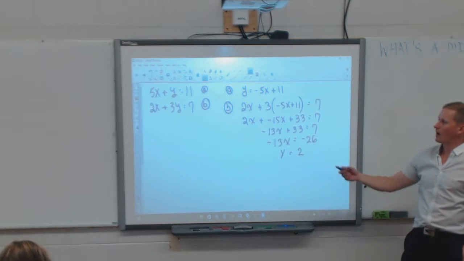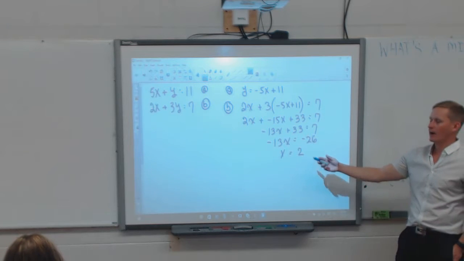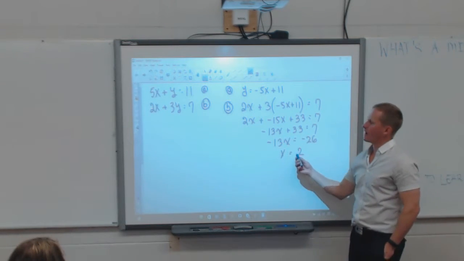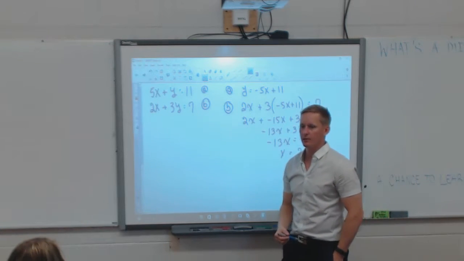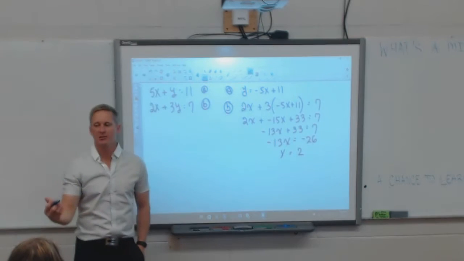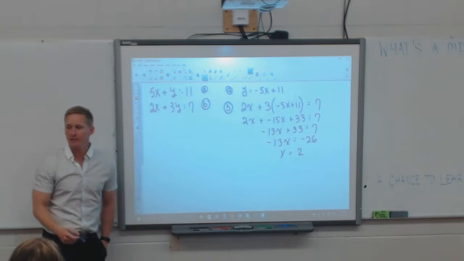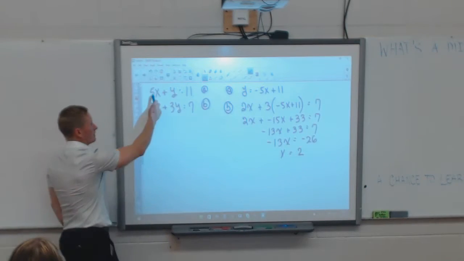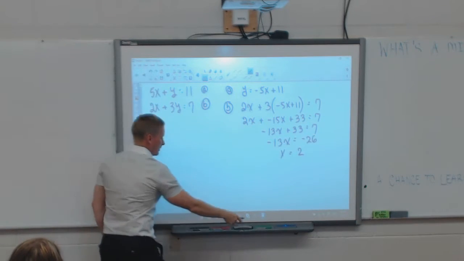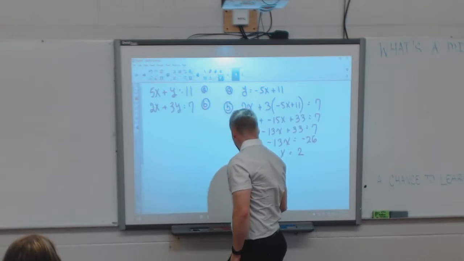All right, so now I know the x coordinate where these guys cross. Now I need to find the y. What do you suppose I do to get the y? Put this value into one of the two equations. Does it matter which? No, it does not matter. And what I'll do is I'll prove it with the second one. So I always do it with the easy one. The easy one meaning I've got the y by itself, so I'm going to put it into that equation. So this is my second step in the process.